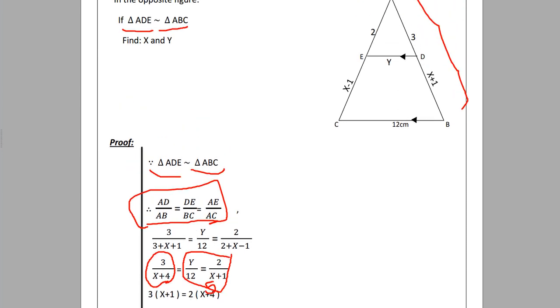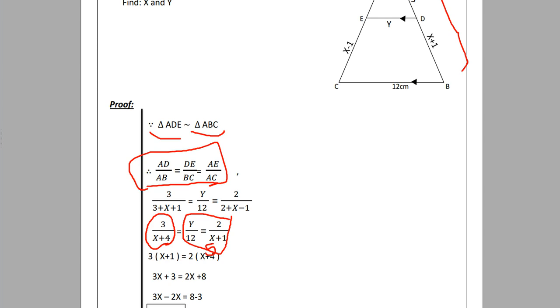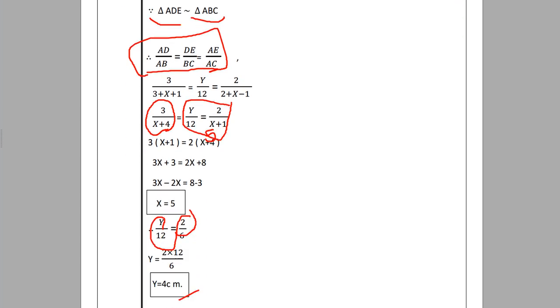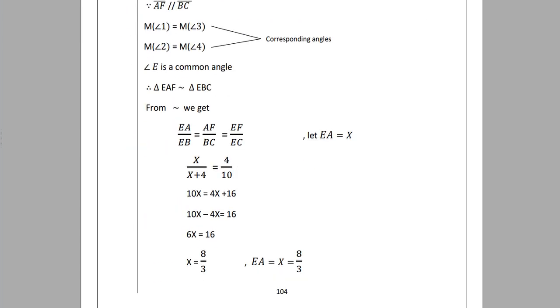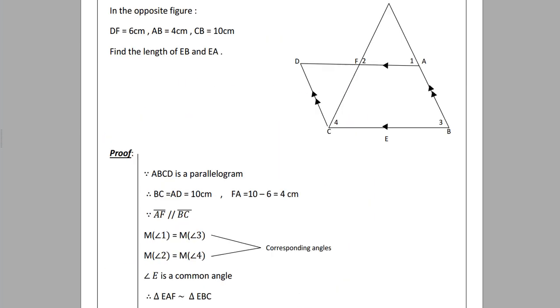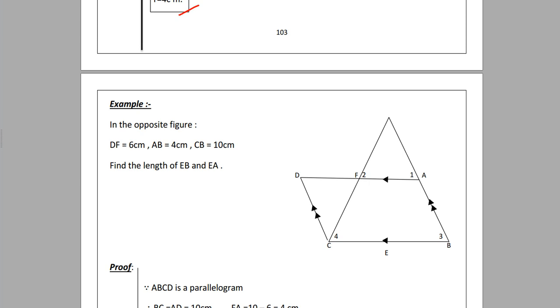In this example, which is already solved in your booklet, we have the length of DF, which is 6, AB 4, and CB 10. Find the length of EB and EA. So it's not different from the previous.